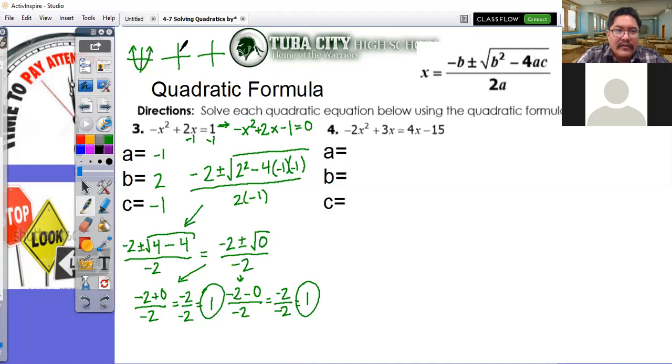And then you could also have one solution, which in this case, our graph would probably look something like this, where you would have a single point of contact between our parabola and the x-axis at 1. So, I'd be willing to bet, oh, no. Actually, I take that back. Because this is negative here, it would probably look more like this. Not that it's really important for this lesson, but you would have a single point of contact at 1 right there. And then you could also have no solution, where your graph does not contact the x-axis.